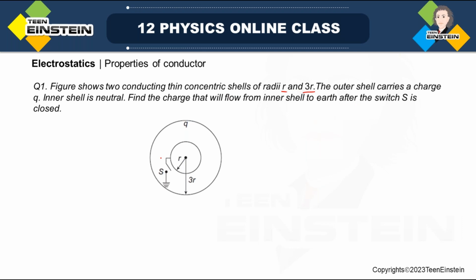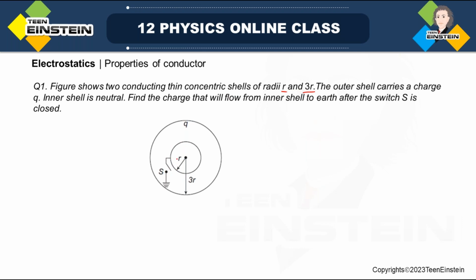So you can see, closing S means you are earthing the inner spherical shell. This is initially neutral, but this has charge. When you are earthing, this is called earthing. When the inner shell is earthed, then the potential on the inner shell will be 0.